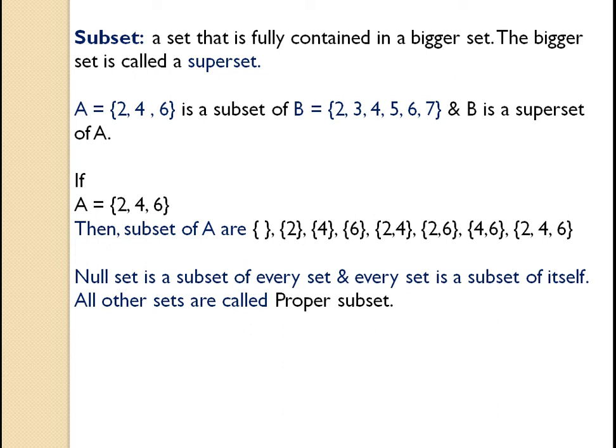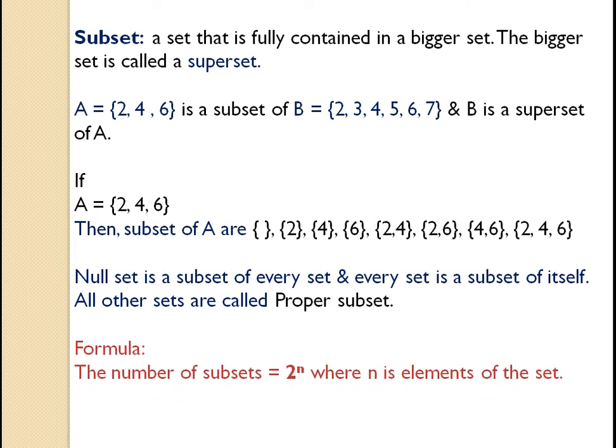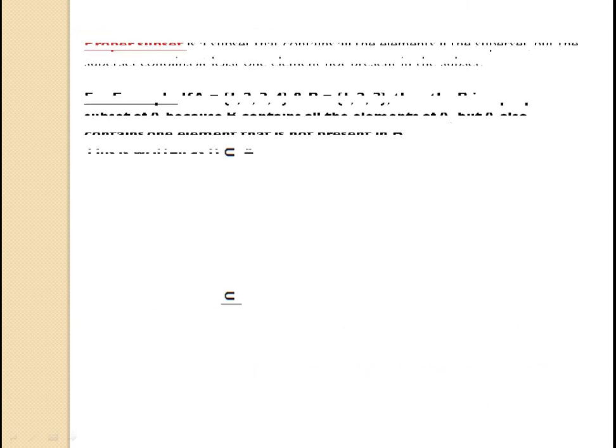All other sets are called proper subsets. The formula to find out how many subsets we can make is 2 to the power n, where n is the number of elements of the set. You already know how we can count the elements of a set. The number of elements present in the set is called the elements of the set.